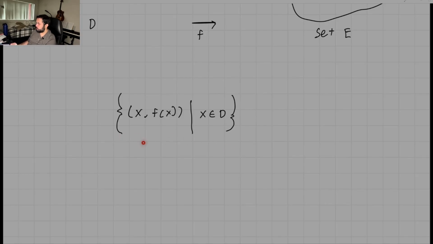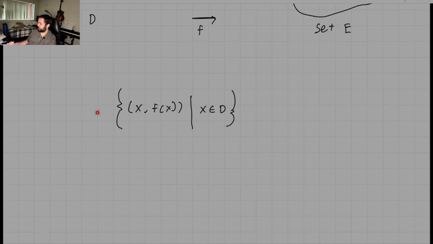So this is our definition of a graph, and pretty much what it's saying is, okay, a graph is a set of points, x and f of x, such that x is a part of our domain. So whenever you see these brackets in a math class, it is defining a new set.